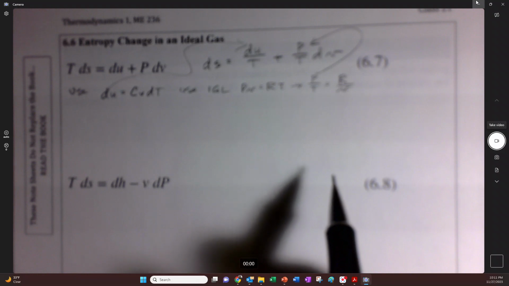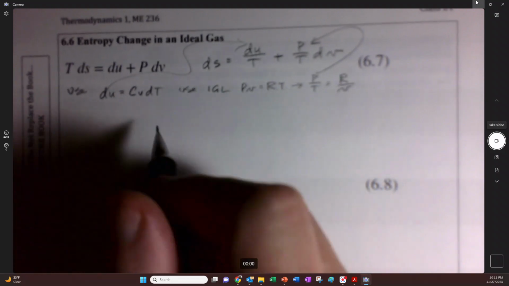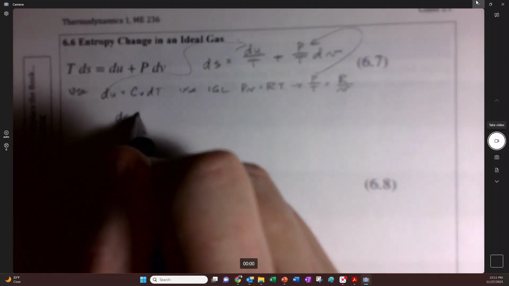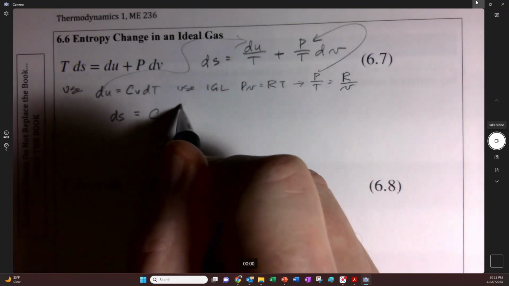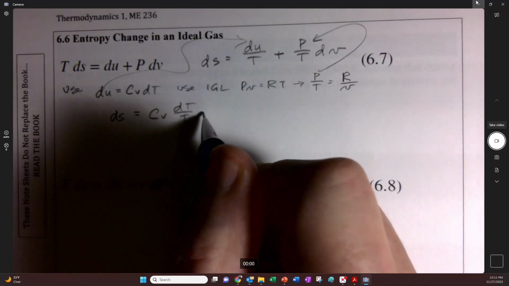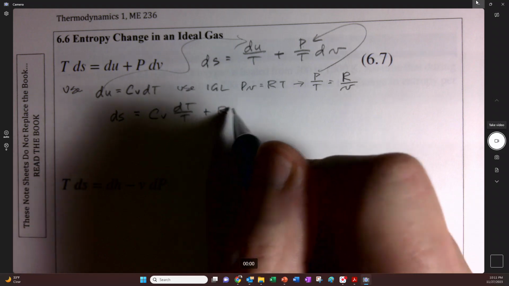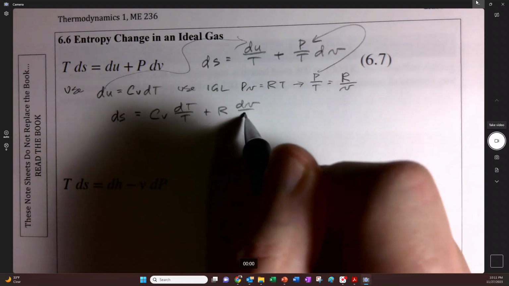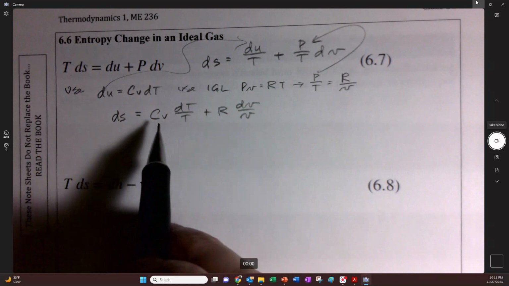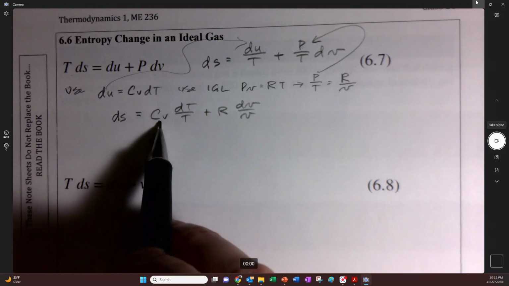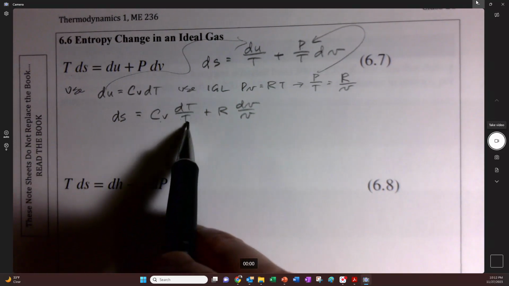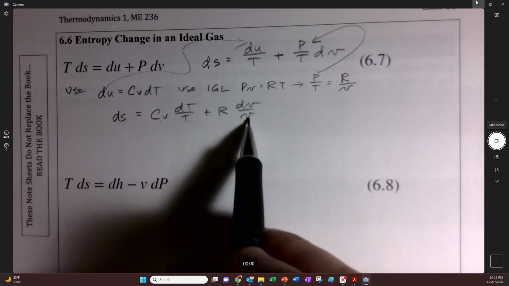If we do that, we get ds equals Cv dT over T plus R dv over v. When we integrate this, these are going to be natural logs, because we have dT over T and dv over v.